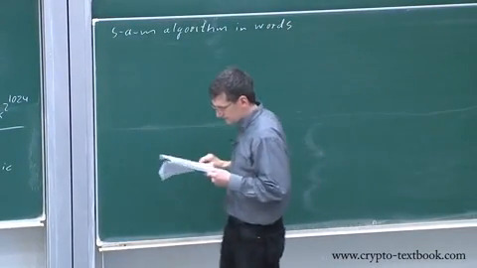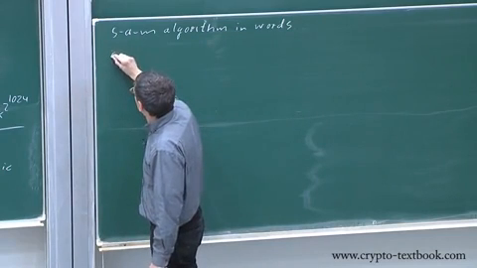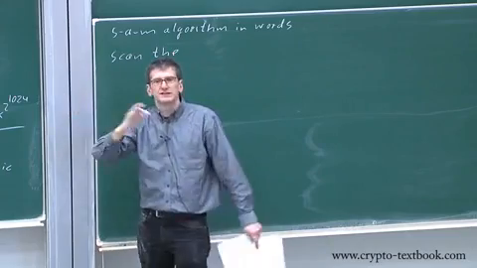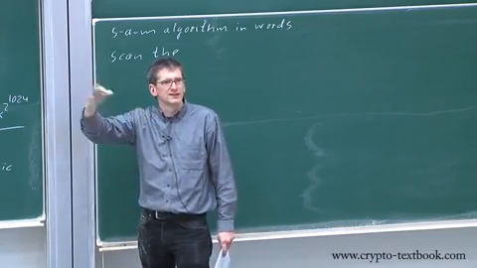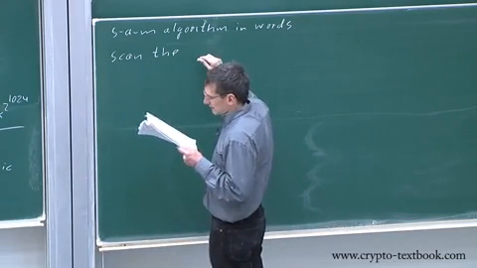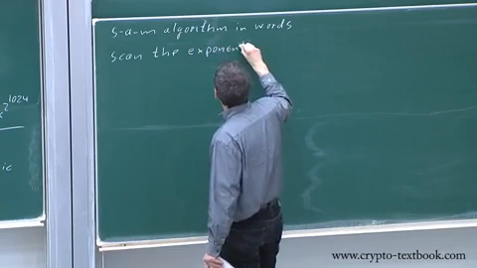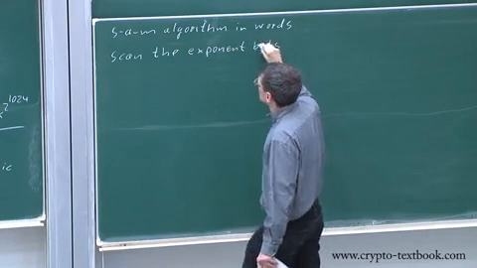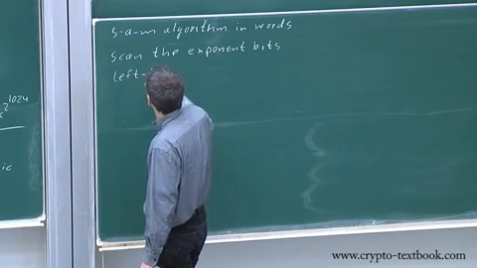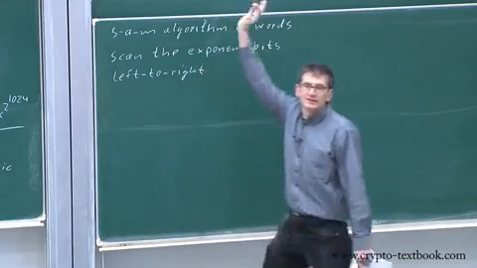In words, so the first thing is scan. Scannen sagt Ihnen was, ne? Generation X. Ne? Scan, abfragen, abtasten, right? Scan the exponent bits left to right. That's what we did over there.